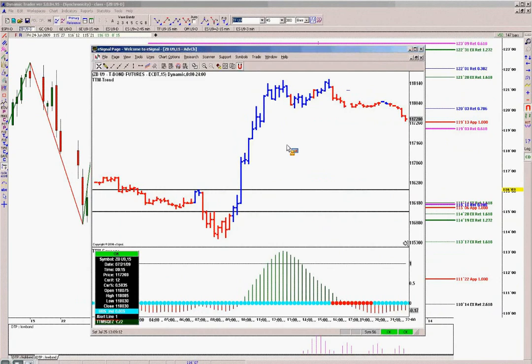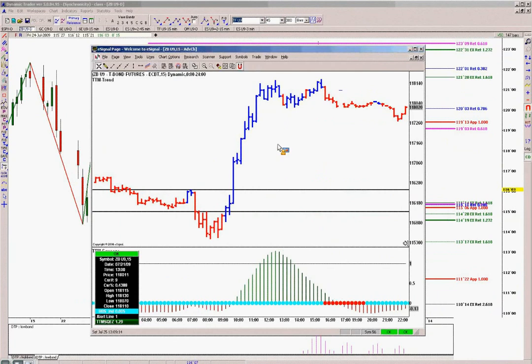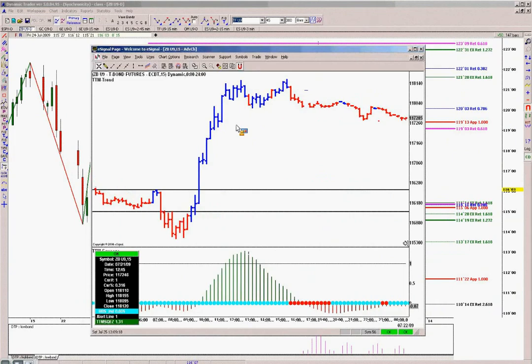Some people would prefer to wait until it takes out a prior swing low on the flip side. I'm going to give you some alternate ways to trail a stop. One way would be letting it take out a prior swing low on the flip side to indicate a reversal.